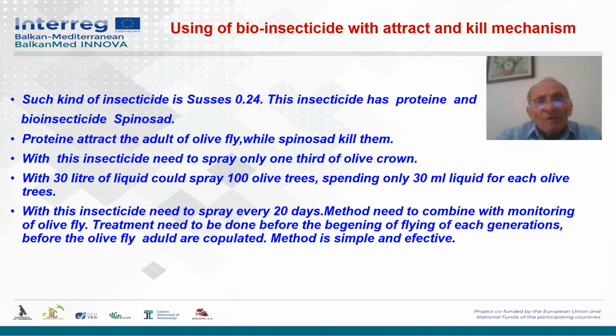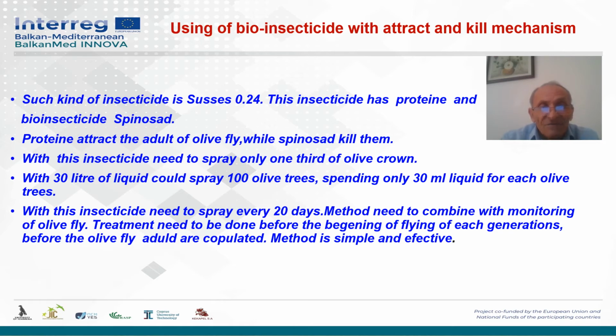Using bioinsecticide with an attract and kill mechanism. Such a kind of insecticide, for example, we can mention Success 0.24. This insecticide has inside protein and the bioinsecticide spinosad.